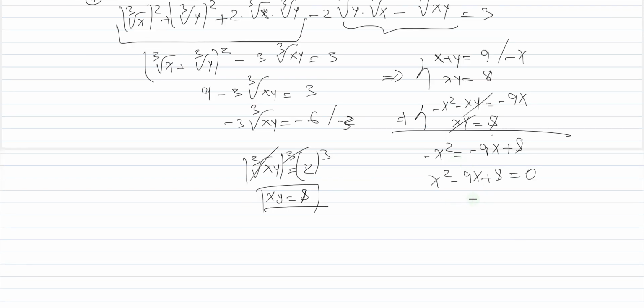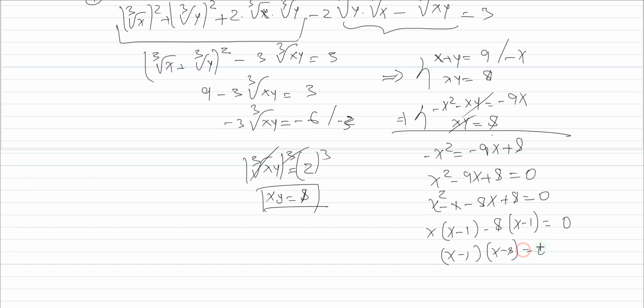Factoring, this is x squared minus x minus 8x plus 8 equals 0, so x minus 1 times x minus 8 equals 0.